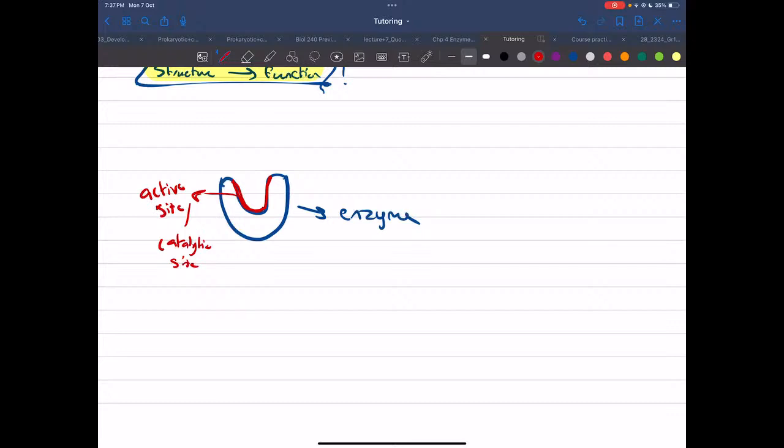Now, this site has a specific shape. I can have another enzyme that has, yes, the active site is the catalytic site with the binding site, perfect. I can have another enzyme, for example, that is shaped like this. This is more of a square shape, and this is more of an oval shape, kind of curved.